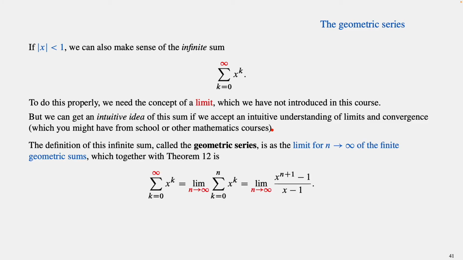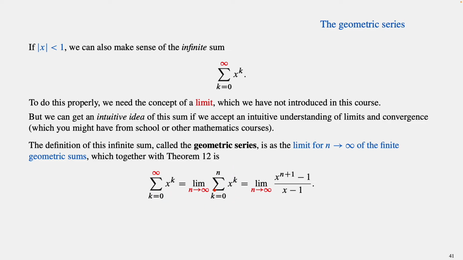And this is called the geometric series. And this infinite sum is actually defined as a limit for n to infinity of a finite geometric sum. So this is the definition of the infinite geometric series.